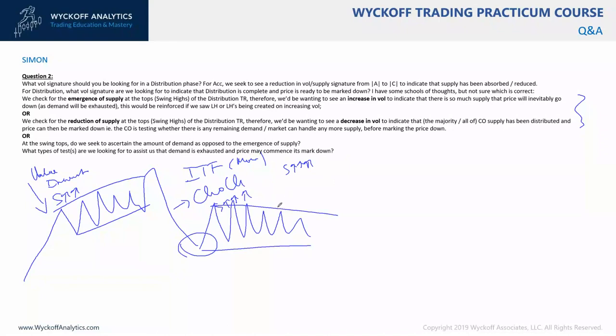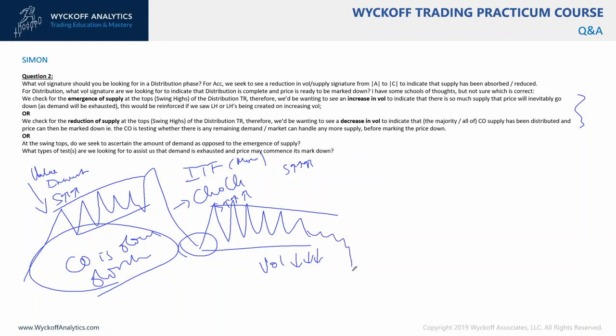In this structure, we could see that maybe the composite operator is done distributing. And just because of its own weight, the volume signature might go down, and by its own weight, the price will start dropping, and then the volume is going to start increasing on capitulations by later hands.